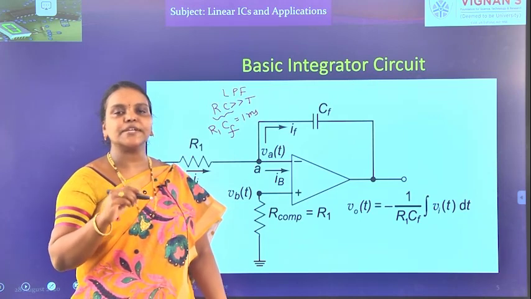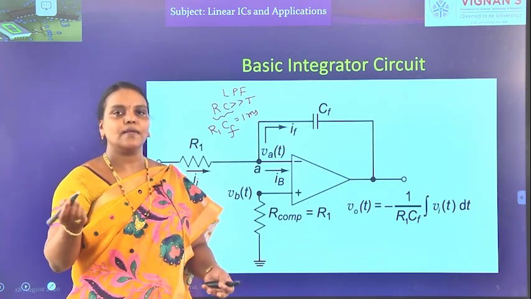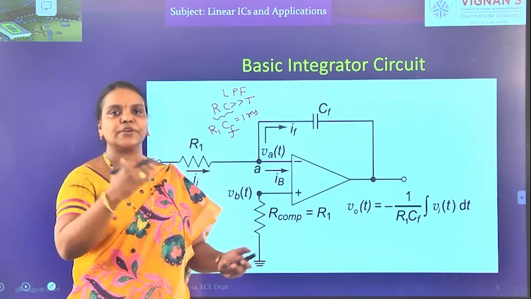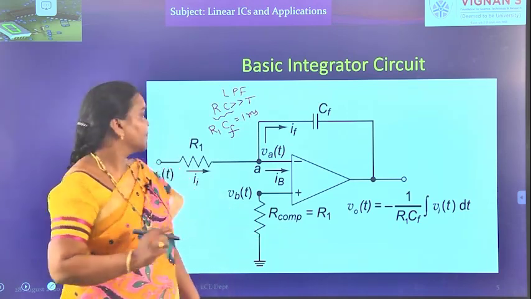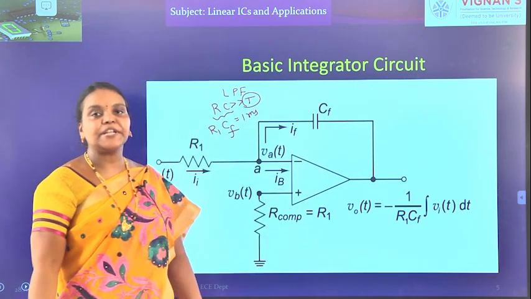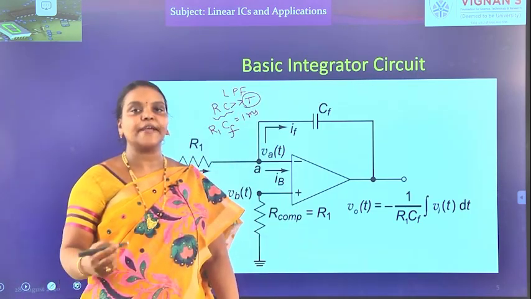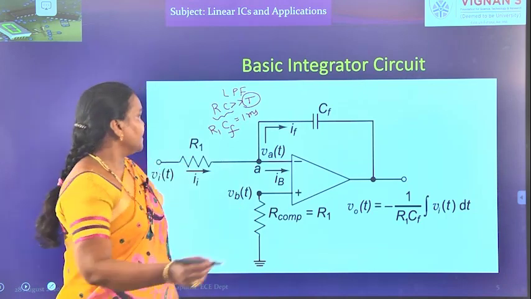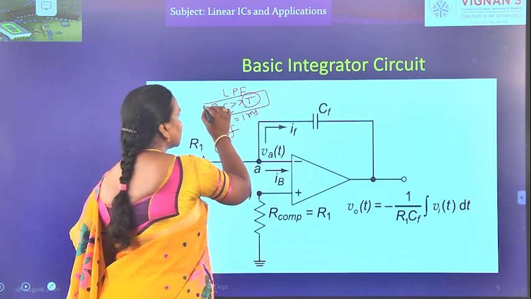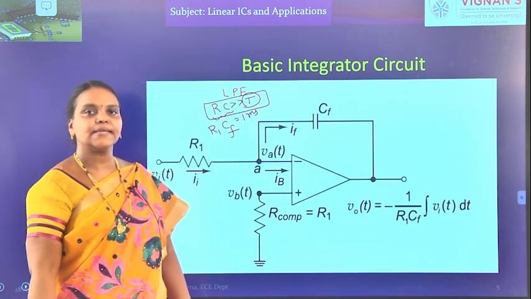So this time constant should be small, and ideally it should be 0, meaning within no time it should give the corresponding output. And here T represents the time period of the input signal. When this condition is satisfied, the RC low pass filter acts as an integrator.